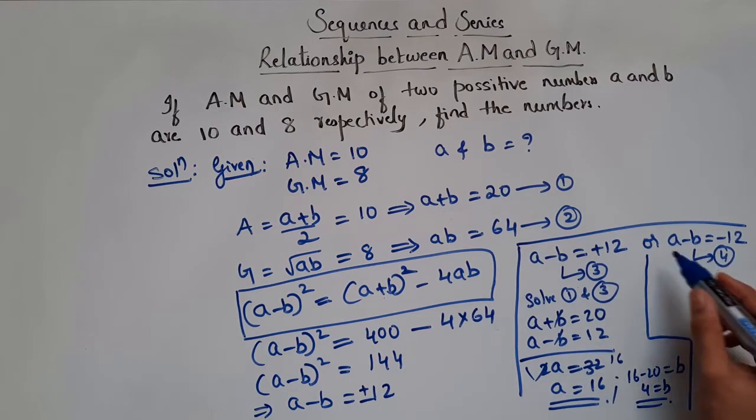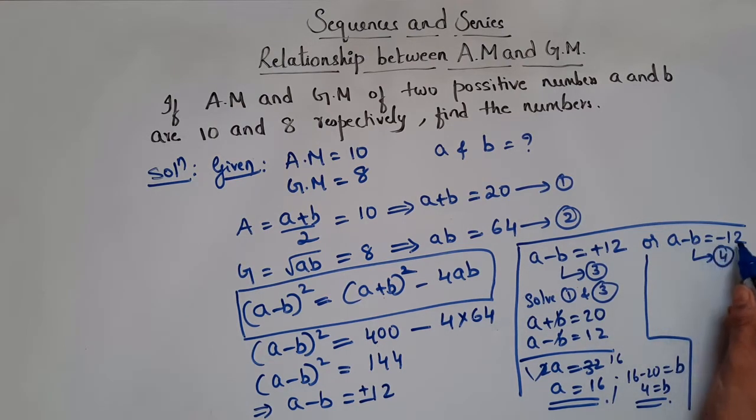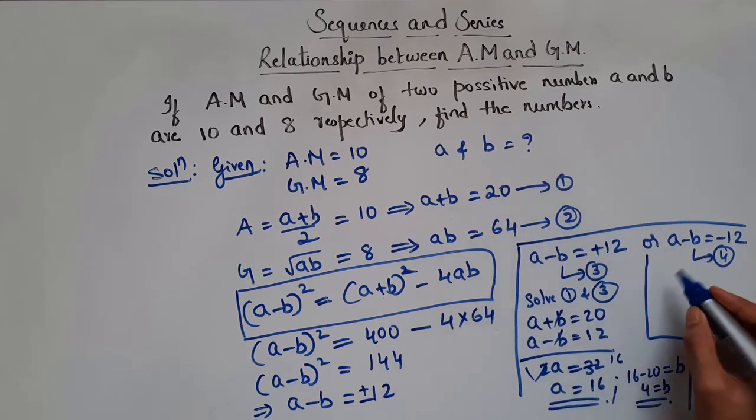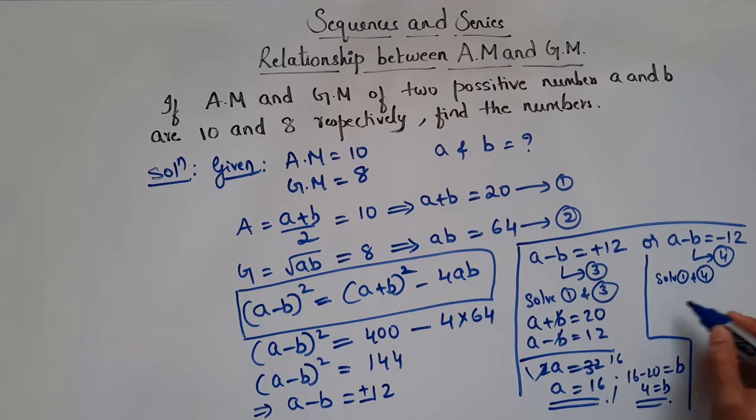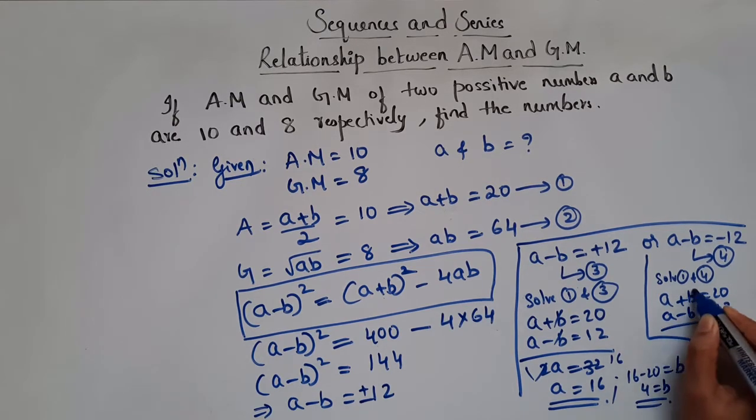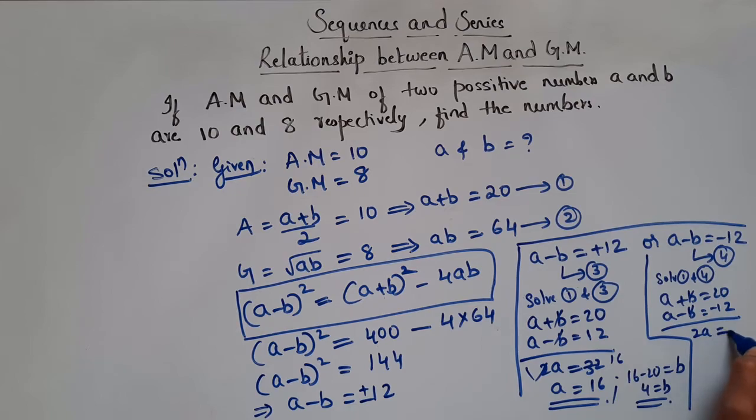Now let's take other case. So here we have a minus b is equal to minus 12. Now let's take equation 1, solve equations 1 and 4. So we have a plus b is equal to 20 and a minus b is equal to minus 12. So 2a is equal to 20 minus 12, which will give you 8. So this implies a is equal to 4. Now let's find the value of b when substituting a is equal to 4.